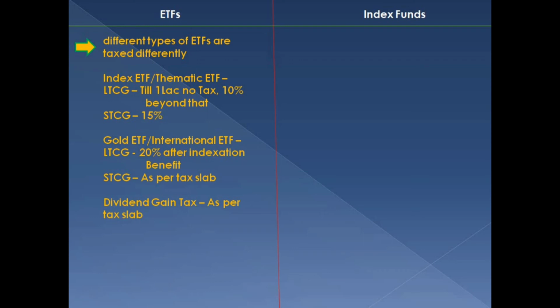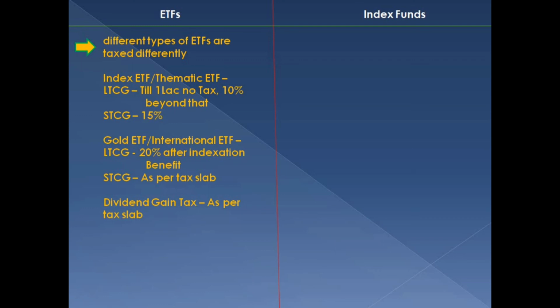Then for gold ETF, debt ETF, or international ETF, all these ETFs, your long-term capital gain will be 20%, and you have the indexation benefit. But in case of short-term capital gain, it is as per your tax slab, so it will be added to your annual income and charged depending on your tax slab.